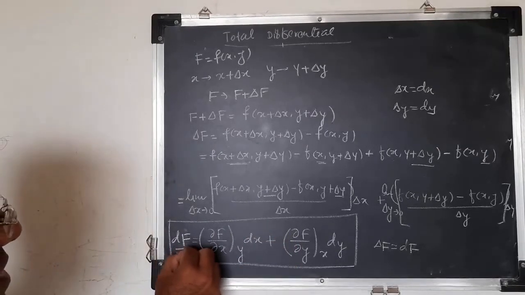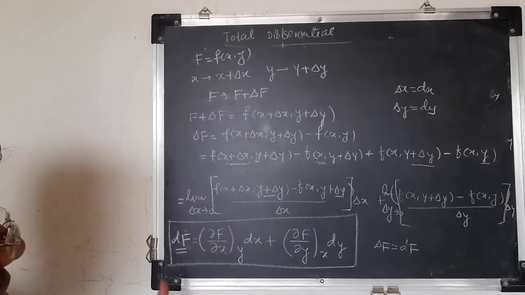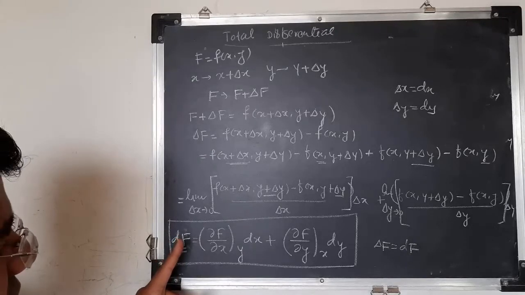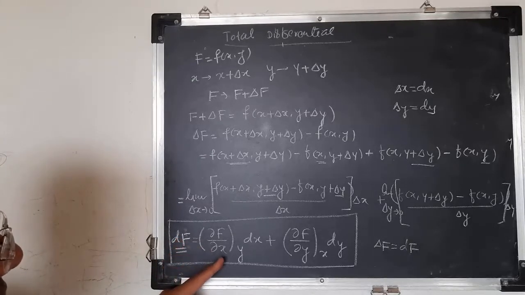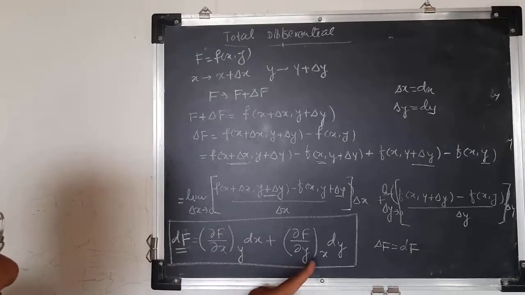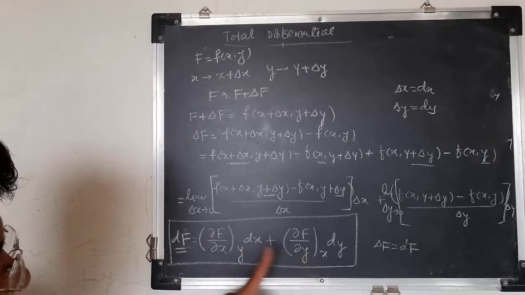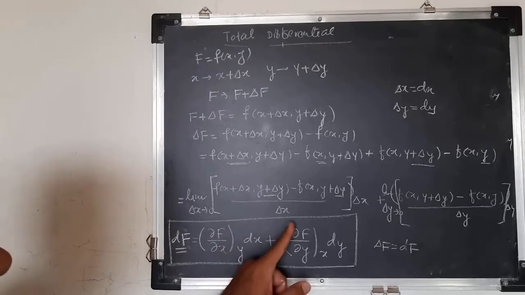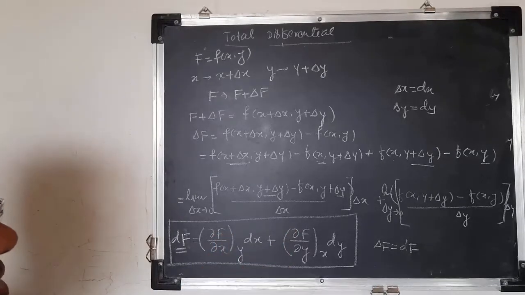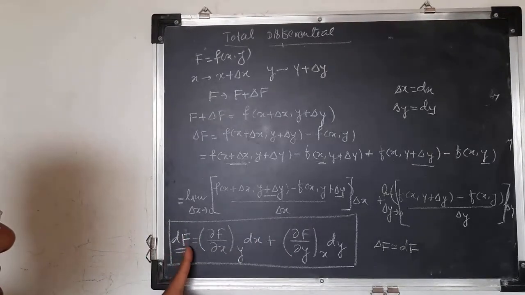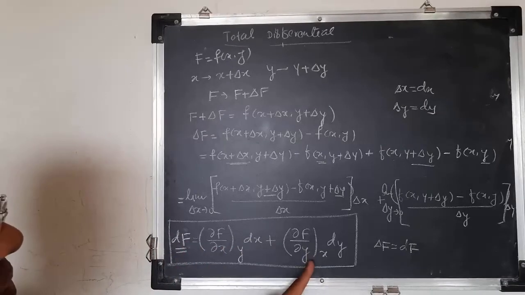The df represents the total change in f due to the independent variable x and the independent variable y. The partial differentiation of this function with respect to x and with respect to y, when both are added up, gives the total change in f due to x and y.